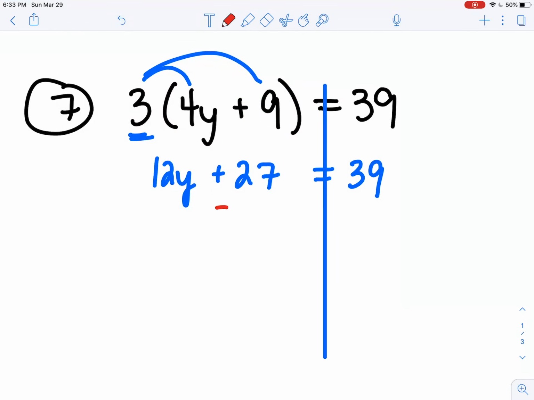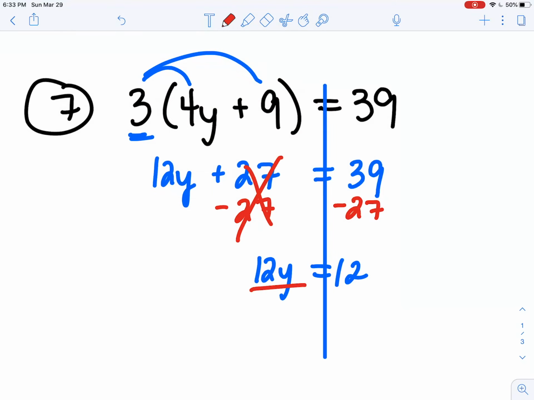Now you want to add or subtract the number without the letter, so let's subtract 27 on both sides. On the left they cancel and I drop down a 12y equals. On the right we get 12. Last step is to divide both sides by 12. And I get that y equals 1.